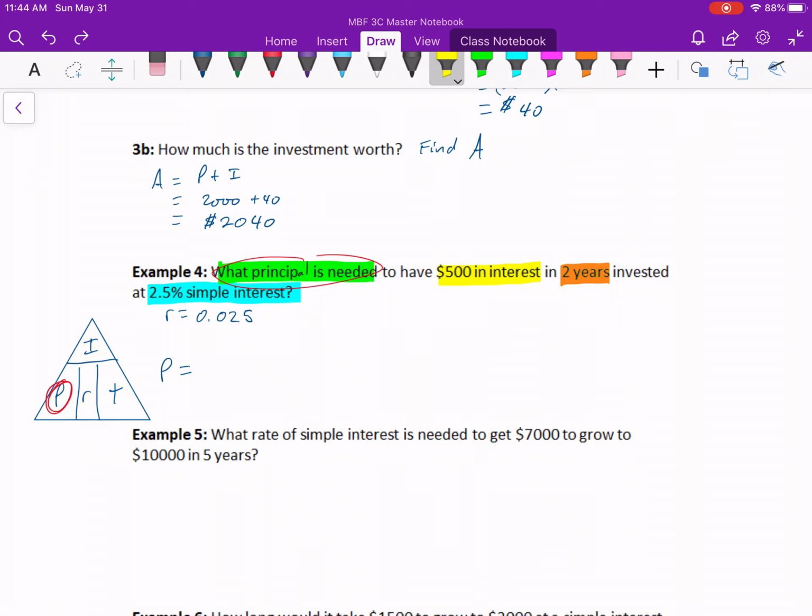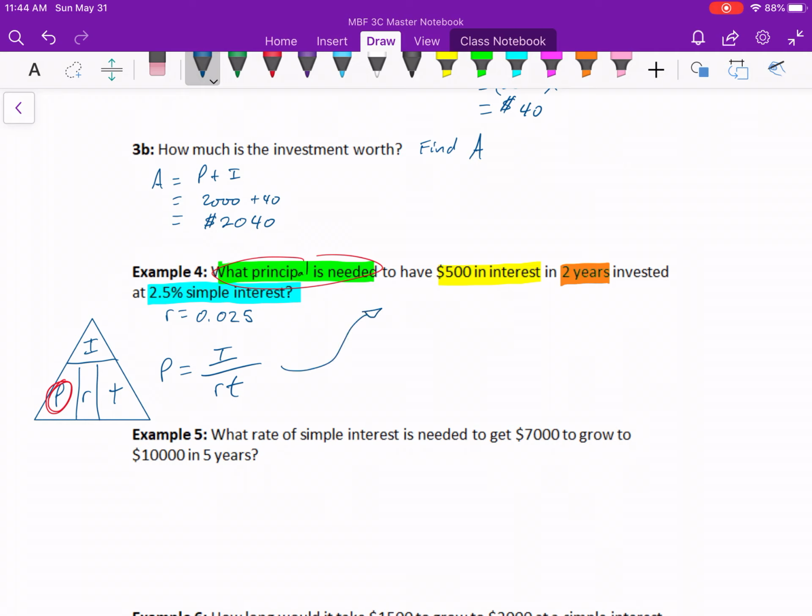That's telling me how I can rewrite this formula: I on top over RT, which basically means I divided by R times T. I could rearrange the I equals PRT formula the long way, but this is a shortcut visual way to help me see how to do it. So this isolates P for me.